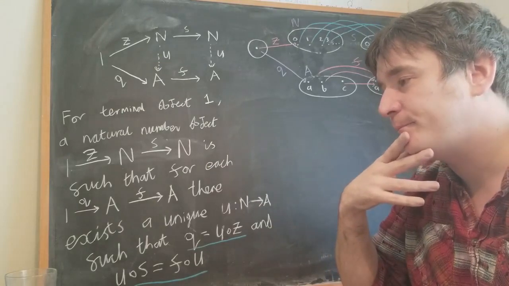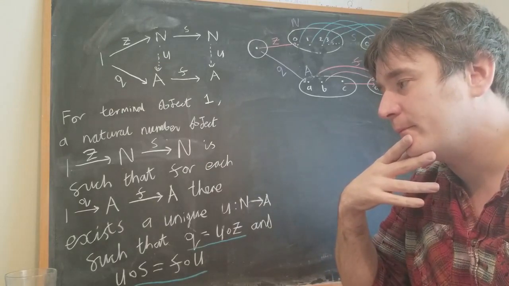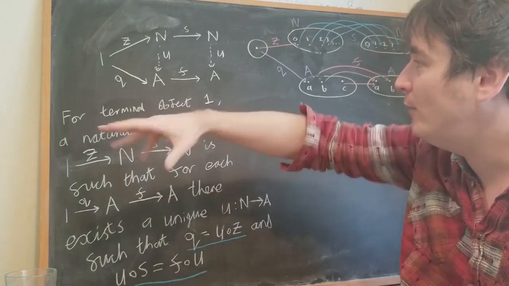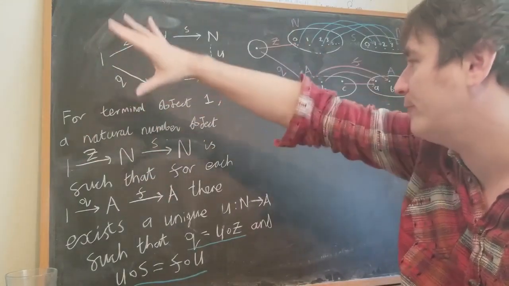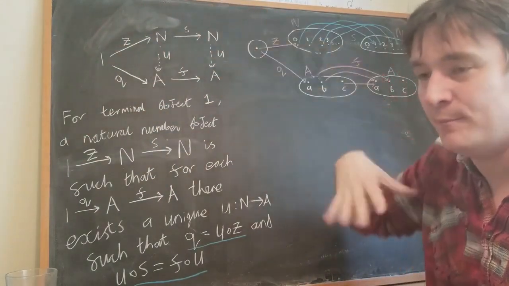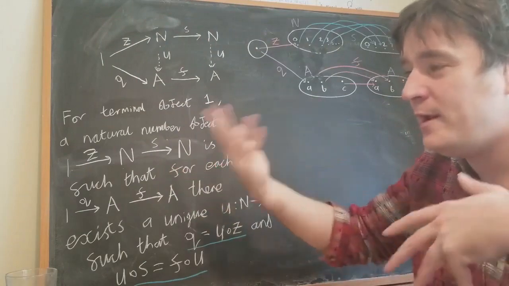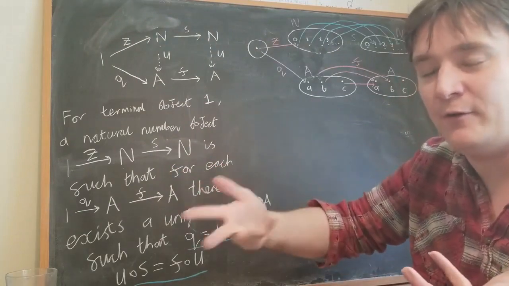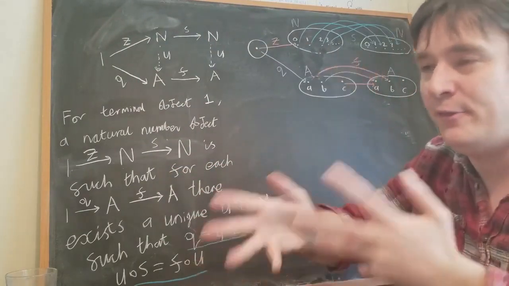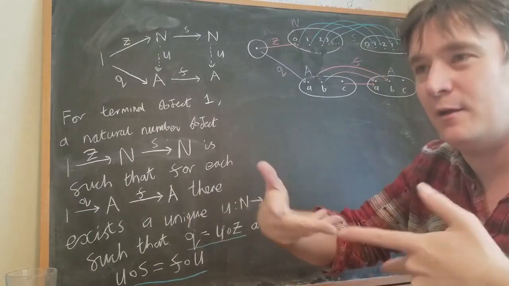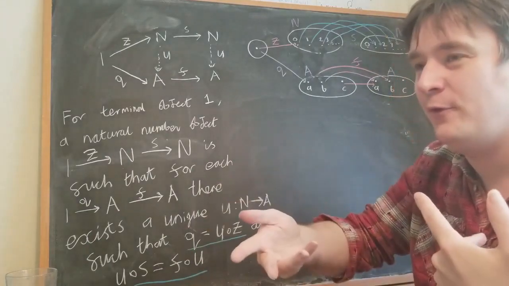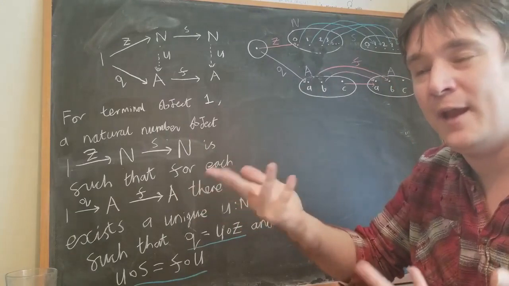And moreover, once we have this type of definition that I'm about to explain, we can apply it to lots of other categories as well and identify things that look like natural numbers in lots of other categories.